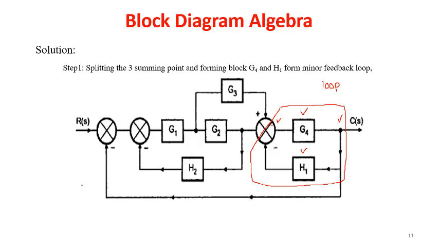Half of the summing point will be retained, but only the split half of the summing point is going to be included. So it will be a canonical form which is written in the form of G4 whole divided by 1 plus, because it is having a negative feedback, the forward block G4 and feedback block H1.